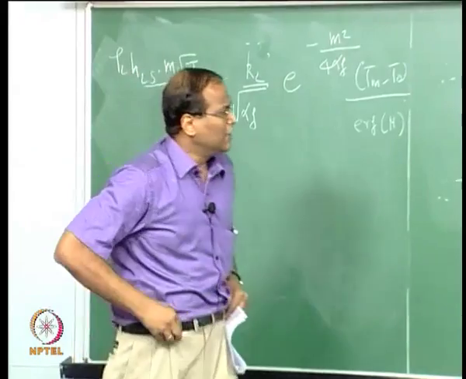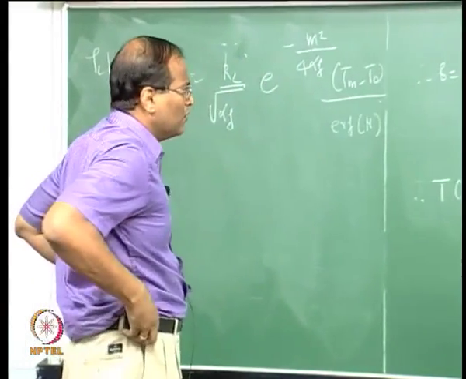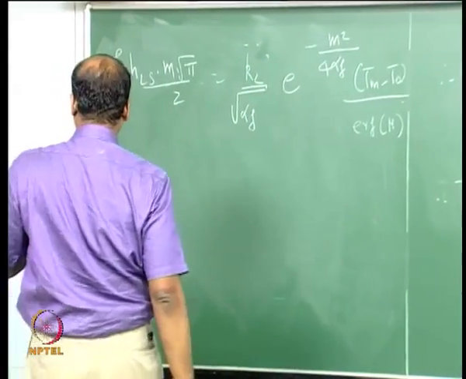What is that right side? It will be e to the power of minus m squared by 4, what is that?